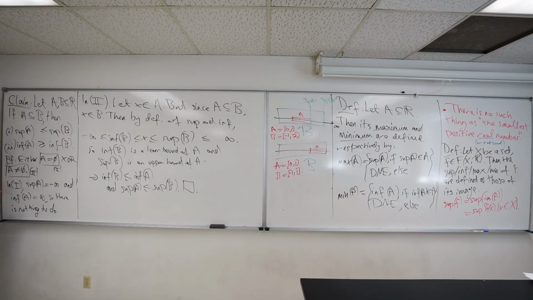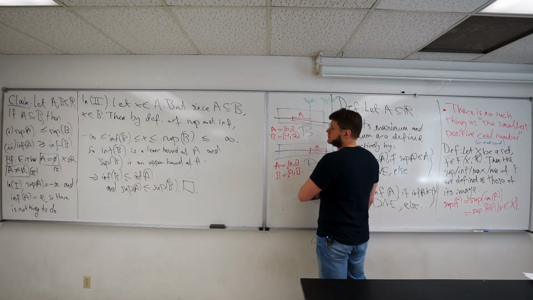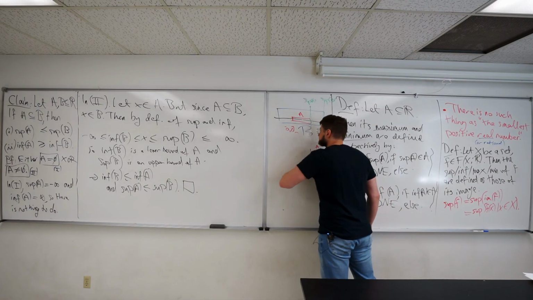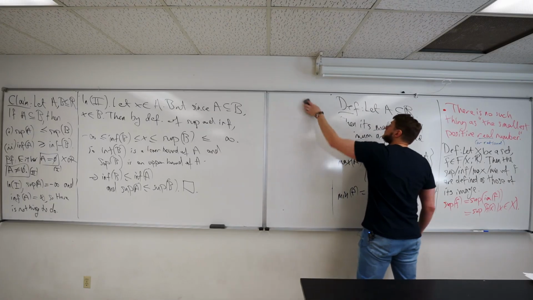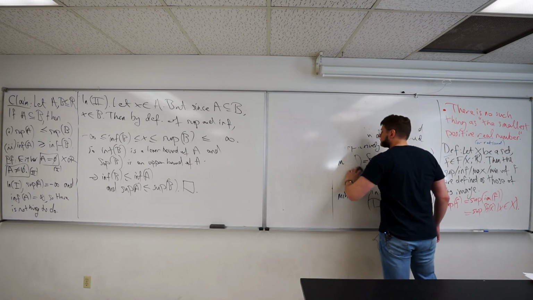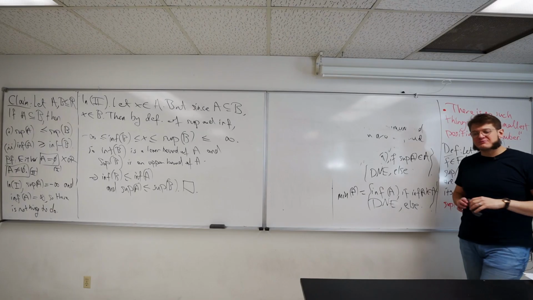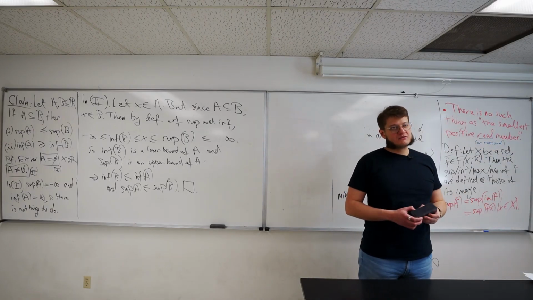What I want to do now is to define the main actor of this week, namely a sequence. Now remember, we had this set theory axiom, which basically said that any type of object that we're dealing with in this class is eventually a set.